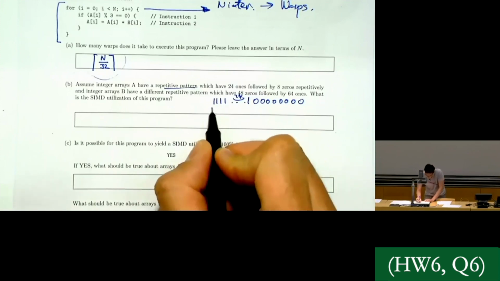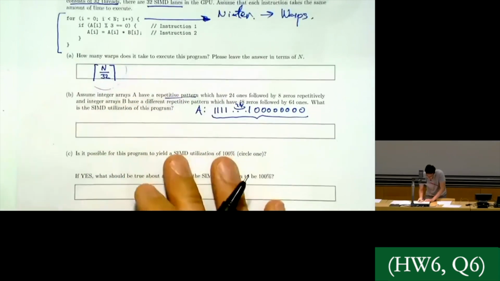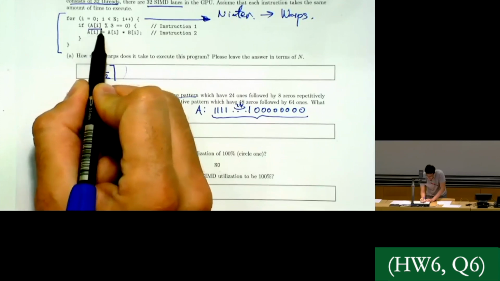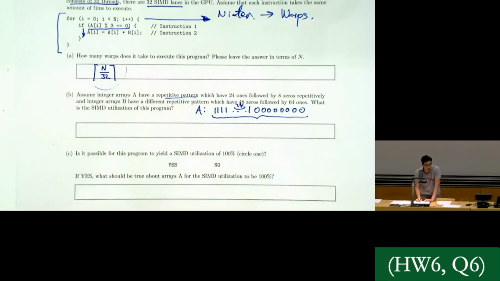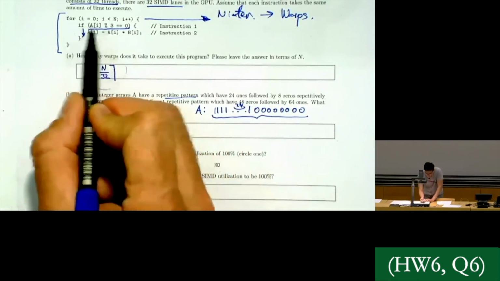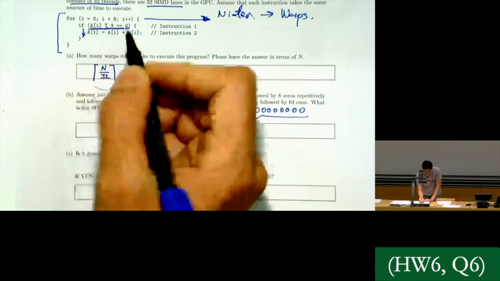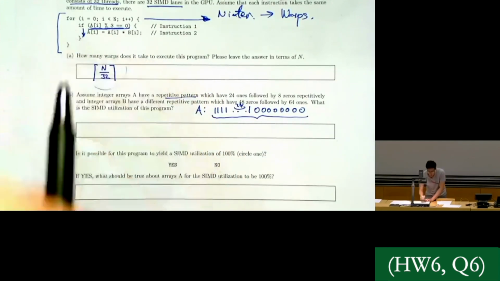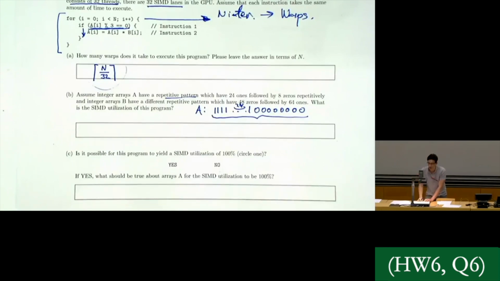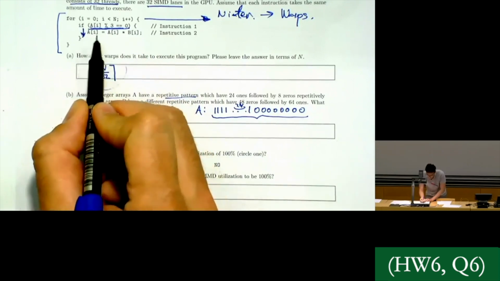So observe that this is the repetitive pattern of A. And the values of A determine if the body of this if statement is executed or not. As you already know, this if statement will be converted into some kind of comparison and some kind of branch, because in case you don't need to execute this body, you will have to branch in order to avoid this loop body.